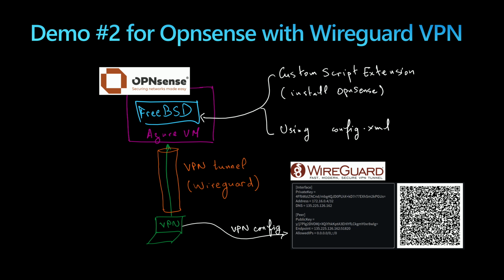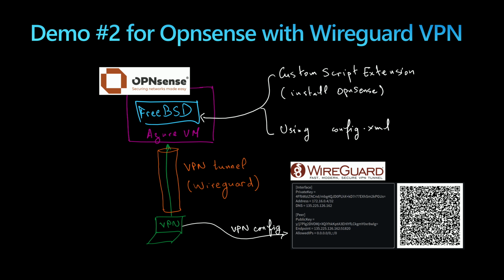In this video demonstration, we'll learn how to use WireGuard to establish a VPN connection to the OpenSense firewall. We will have OpenSense already running within an Azure virtual machine, and it will be configured to enable WireGuard VPN through the config.xml file that describes all the configuration for the features of OpenSense.